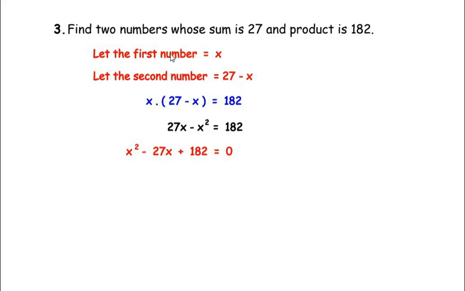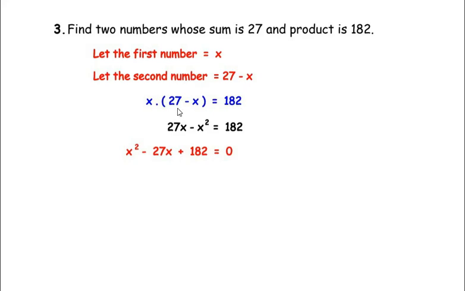Now once we have got both the numbers, it is given that the product of both the numbers is going to be 182. So we have to take the product of these two numbers. So here we have written X times 27 minus X will be equal to 182. Now we have to expand the bracket.